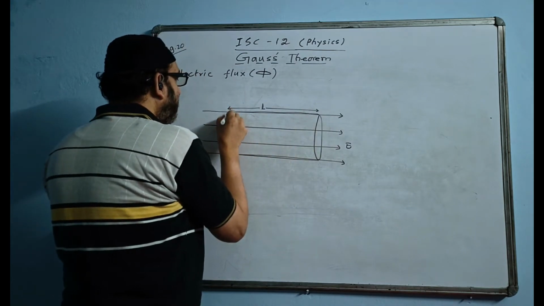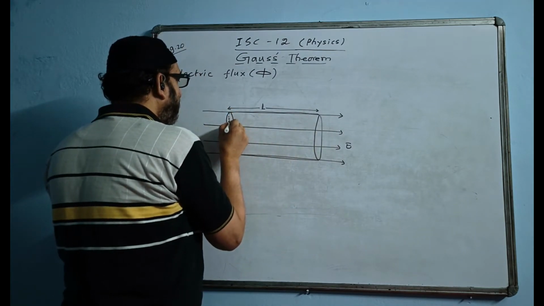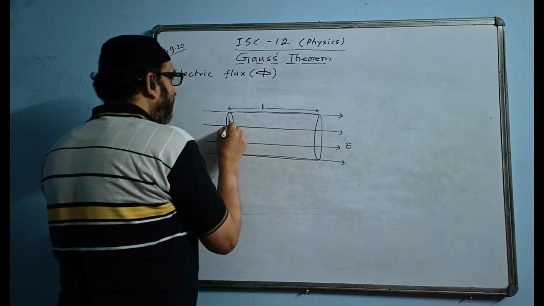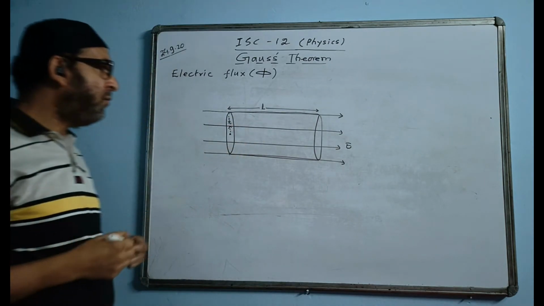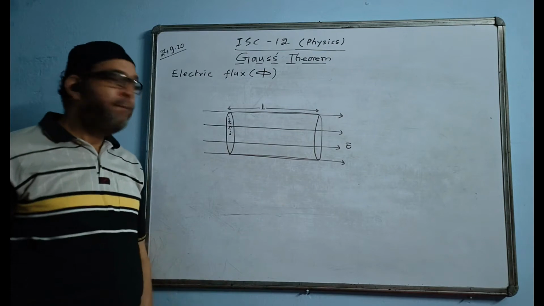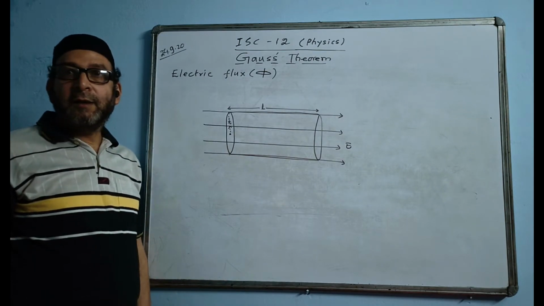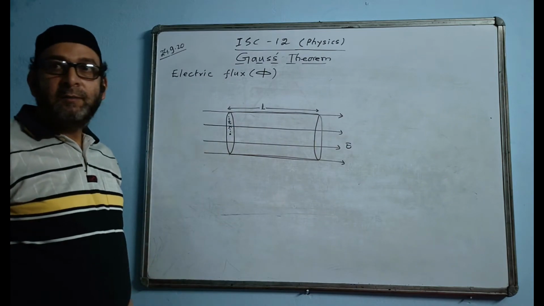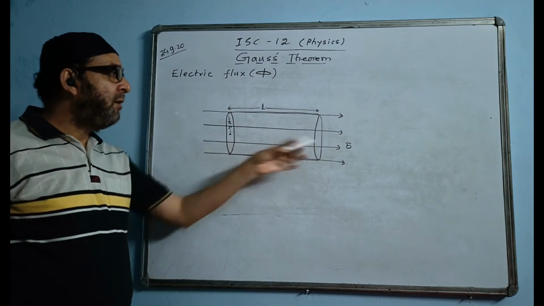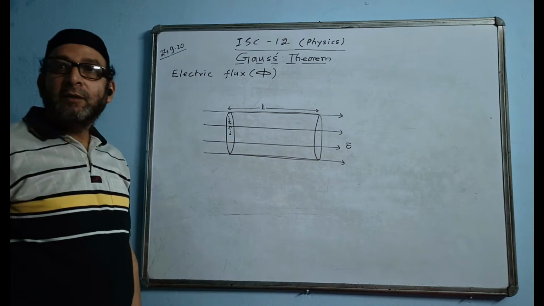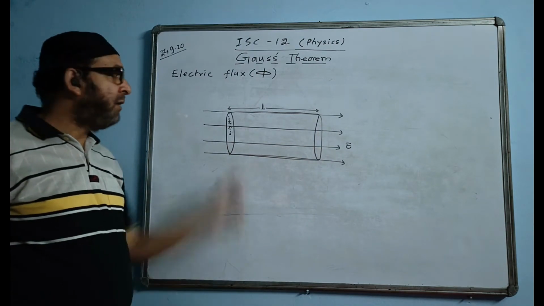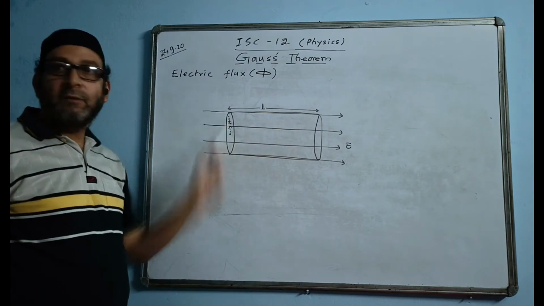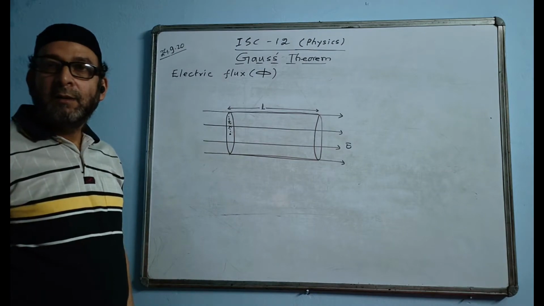Radius is given, r. The question is asking you to find the electric flux passing through this hollow conductor in the uniform electric field. The length and the radius of the conductor are given.